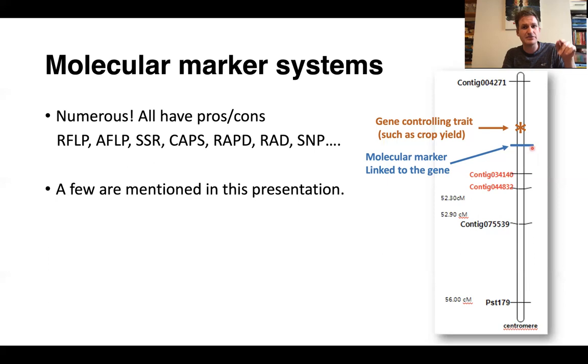between the presence of that marker, so on that DNA gel, that PCR product, if we compare that to whether or not the plant is resistant or susceptible or high yield or low yield or drought tolerant or not drought tolerant, you name it, the trait, if there is some connection, then that's why this is colored blue.